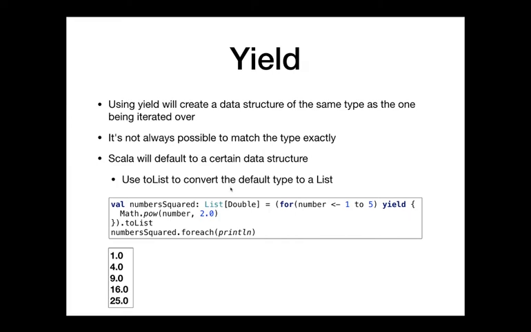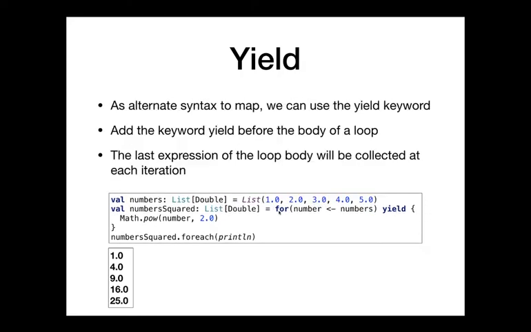Yeah. Question in chat. Still not quite sure what yield does. So yield is we're going to iterate over this data just like we would a normal for loop, except instead of just executing the code in the body of the for loop, we're still going to execute that code, but then the last expression that's evaluated during each iteration of that loop is going to be collected into a data structure. So using yield, we can think of the body of the for loop somewhat like a function or a method body, where the last expression that's evaluated is going to be returned.